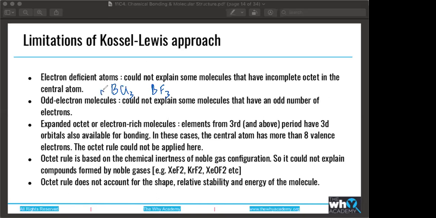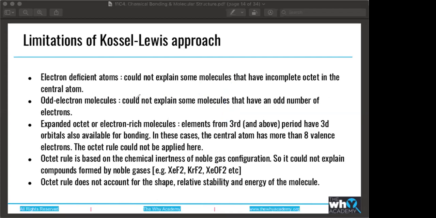So these are covalent compounds, and it has been checked experimentally that these structures are covalent in nature. But if you check BCl3 and BF3, even after forming bonds, boron has a maximum of 6 electrons. In Lewis-Kossel structures, our main assumption is that the octet is formed, so this is not explained. This is one drawback of this theory.